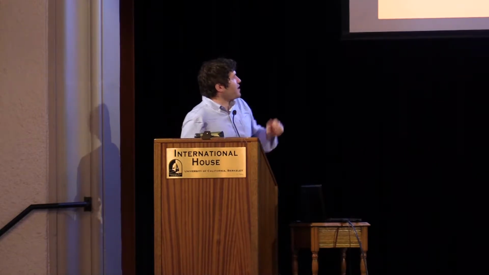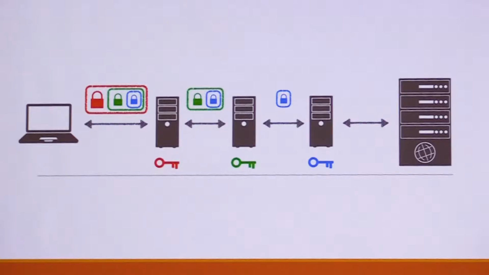Let me explain, again, not in too much technical detail, how that works. Okay, so the idea here is that each of the intermediaries has a cryptographic key, a little bit of information it can use to identify itself and enable the user's device to know it's talking to that server and only that server.